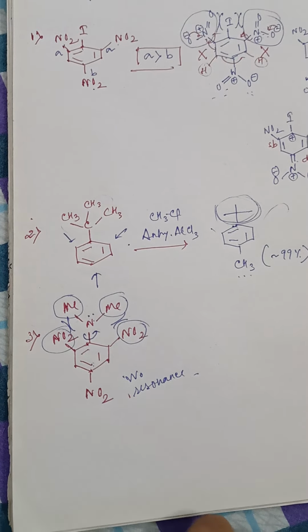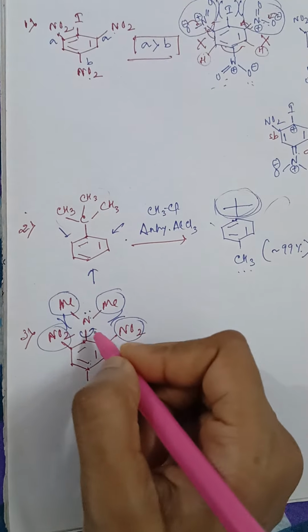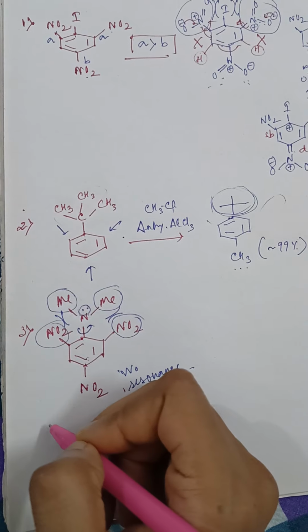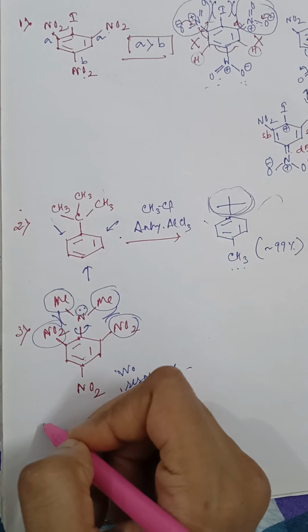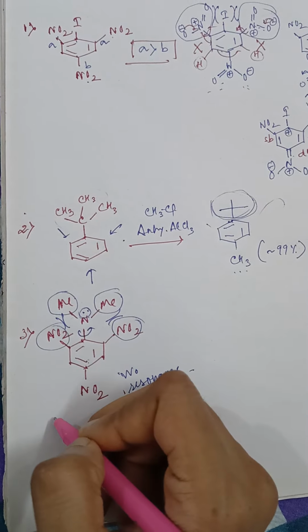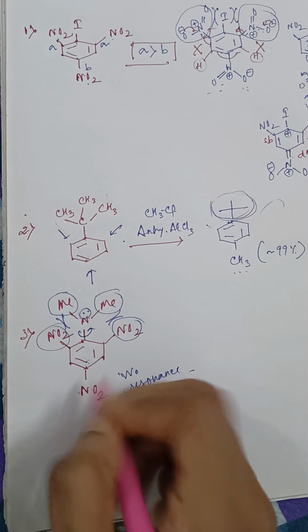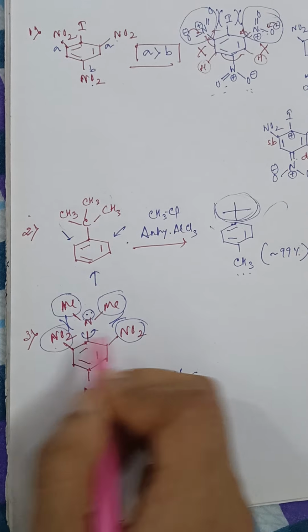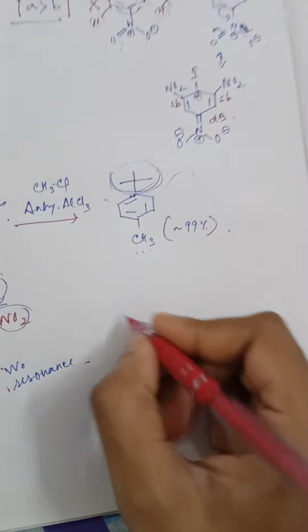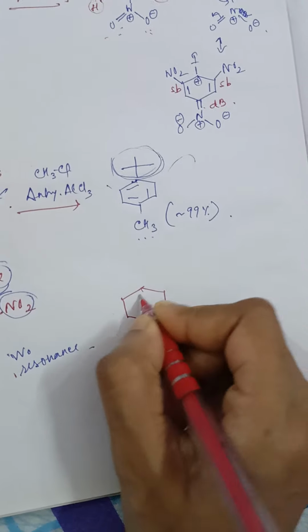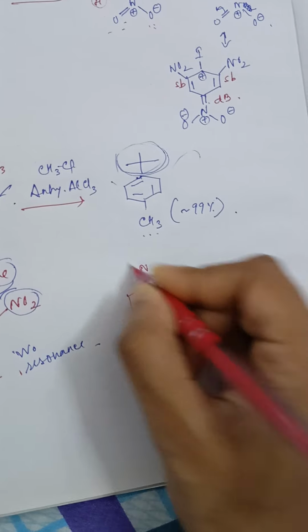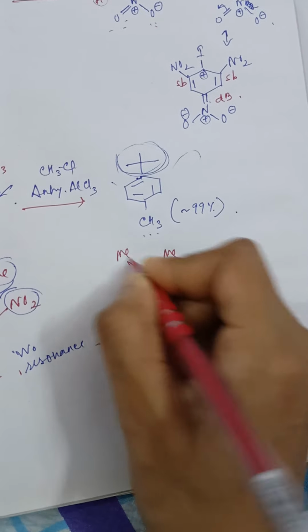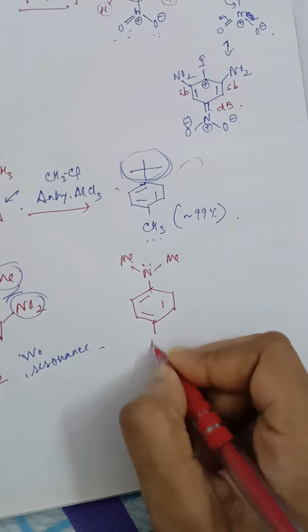Now what will happen? Since no resonance is happening, the lone pair is now available here, isn't it? Now suppose there was no steric hindrance, suppose the group was like that. NMe2 has a lone pair like this.